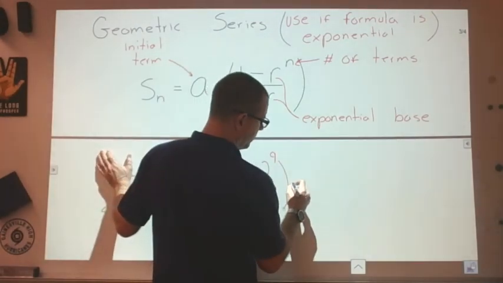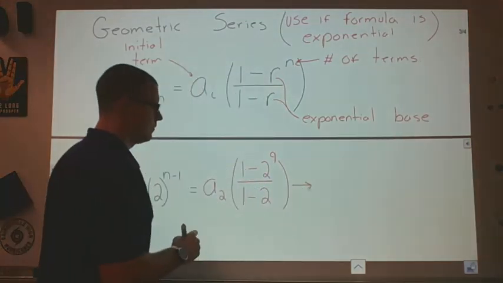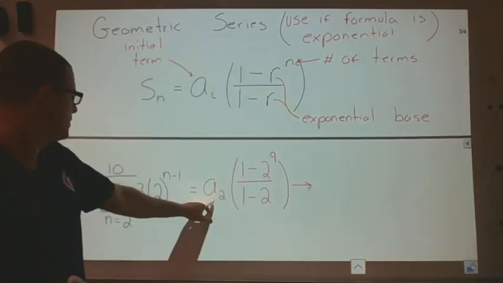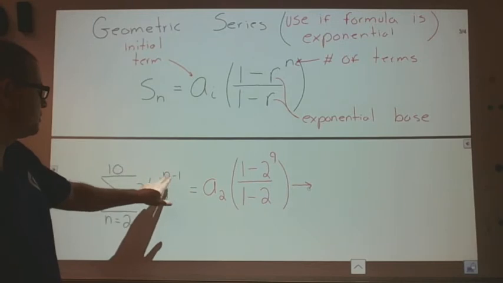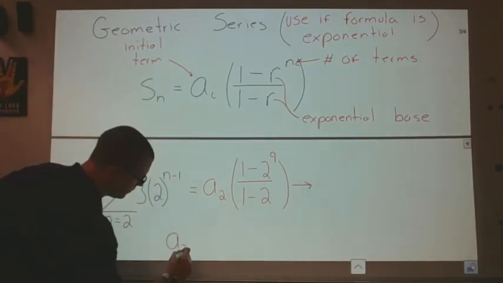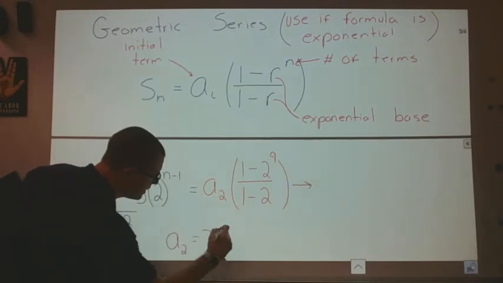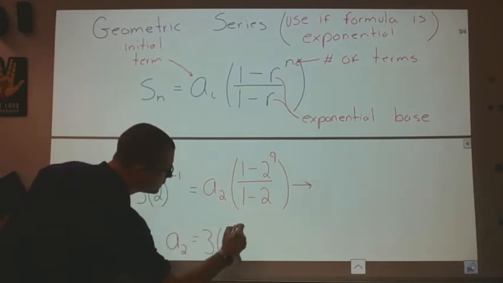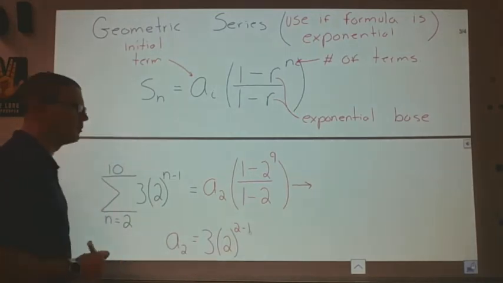This would be my formula. A sub 2 would be 3 times 2 to the 2 minus 1 power, which is just 6.